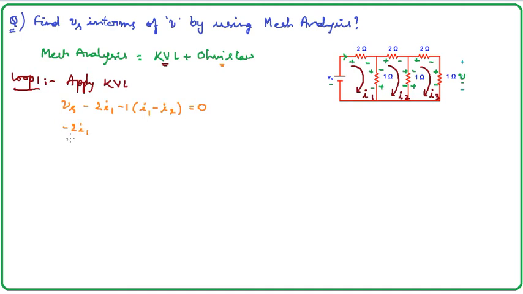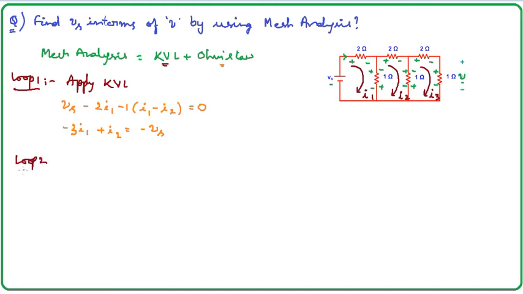The first element is a multiple of I1, and this is minus I1 and here it is minus 2I1, so it will be minus 3I1, and minus of minus will be plus I2, and E is equal to, I want to send this voltage to the right side, minus Vs. I will tell you why I am doing this in a few minutes after this explanation. So this is for the first loop. Let me go ahead with the next loop also.